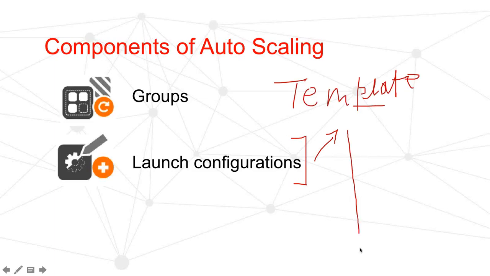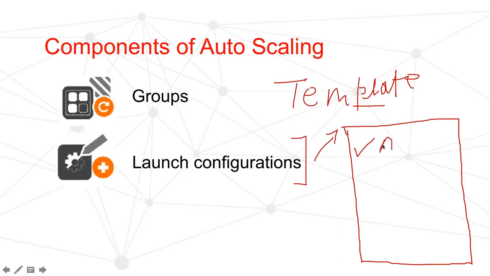Let's suppose this is an entire template document called launch configuration. This template contains the necessary configuration items to build your instance from scratch. For example, what would be the AMI of your instance? What would be the security group, SG? What would be the key pair, KP?